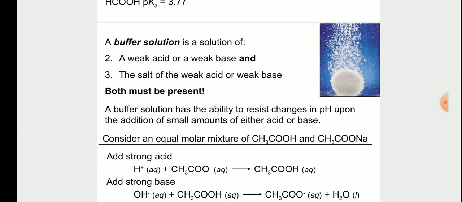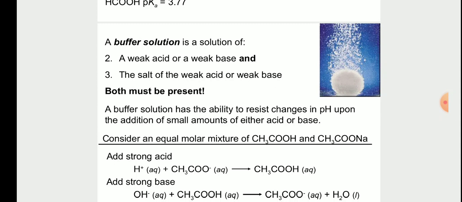If there is a solution and you add some amount of acid, the pH will not change. But if you add a huge amount of acid, then obviously it will change. But in case of a buffer solution, it tries to keep the pH fixed.